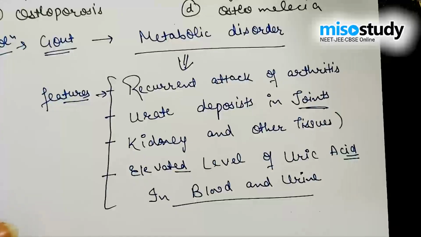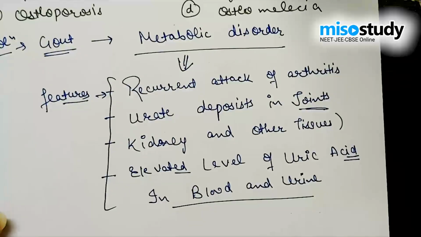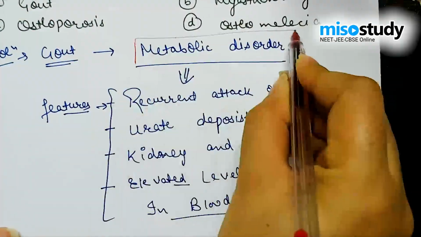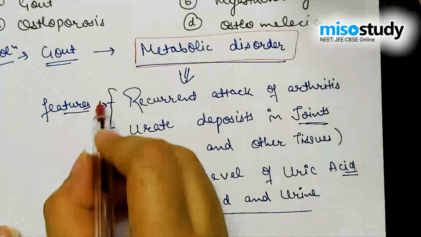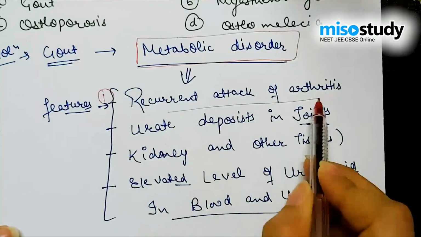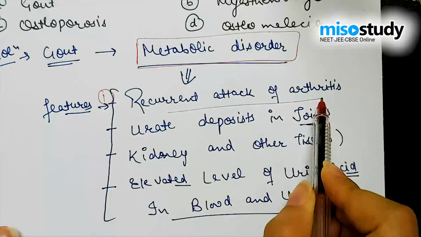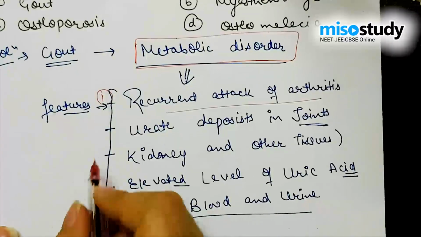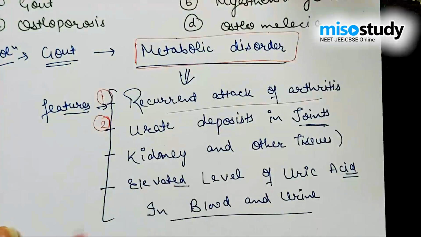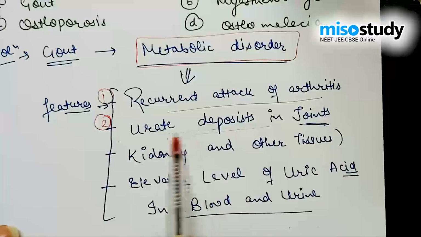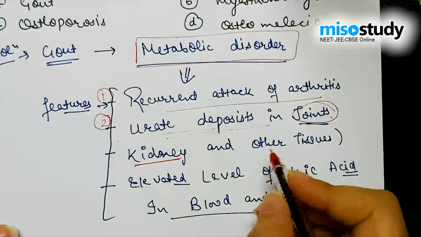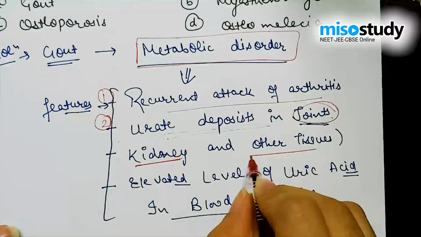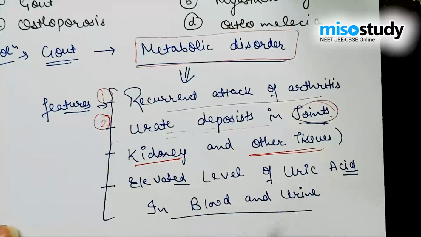When we discuss gout, it is a metabolic disorder which includes the following features. The first is a recurrent attack of arthritis, with unbearable pain in the joints. The next is urate deposition in joints. Along with the joints, urate deposition is also found in the kidney and other tissues.